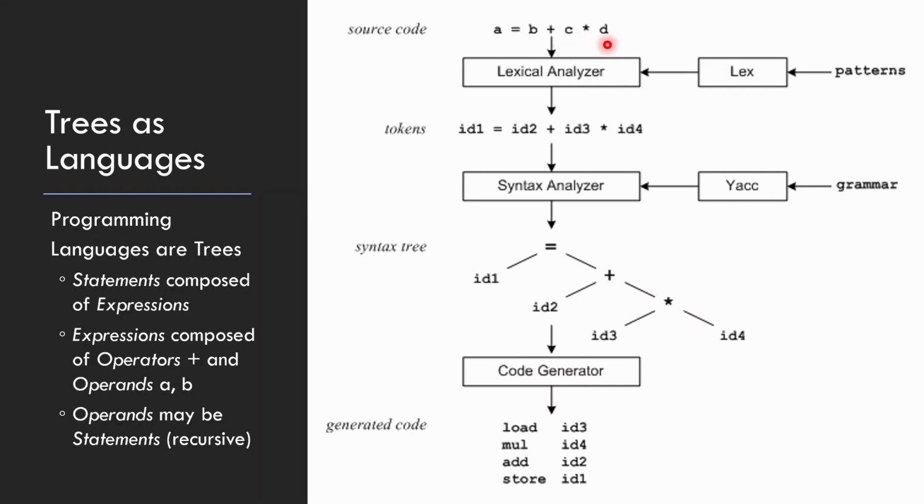For example, C times D itself is a standalone expression. B plus C times D is another standalone expression, but we could say that C times D itself is a recursive expression, because B plus C times D is dependent on what the result of C times D itself is. And then finally, when I've figured out what that expression is, I store it in a value like A.